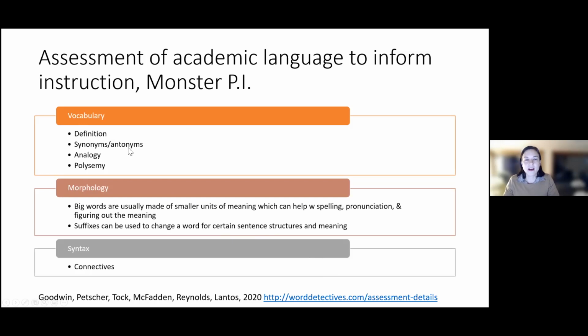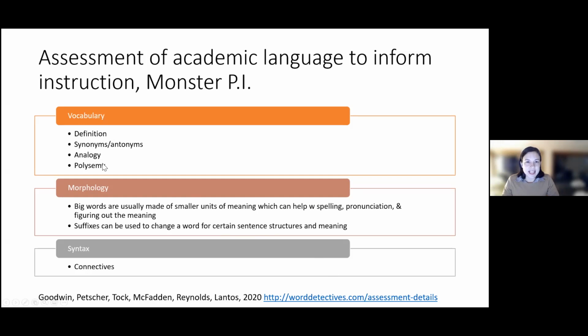We want to think about how synonyms and antonyms increase students' knowledge and flexibility with using words. If you know what words it's similar to and what words it's dissimilar to, cognitive theories of learning would suggest that this reinforces our learning of new words.